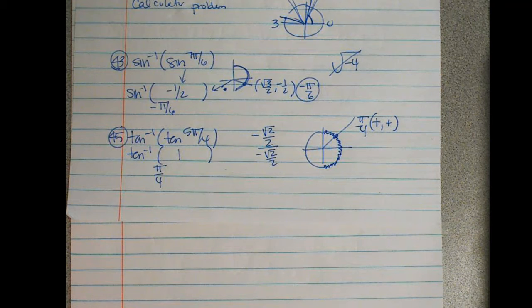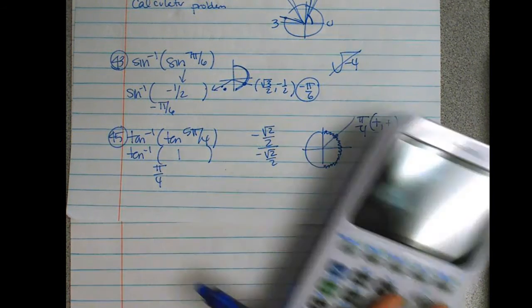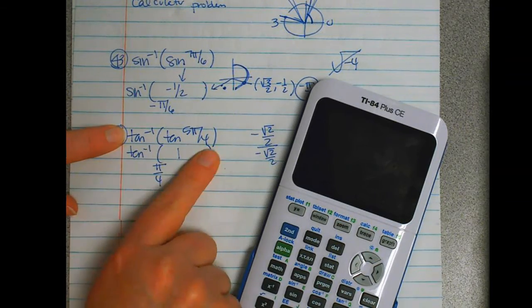So I plugged 45 into a calculator just to check it because I was unsure of my answer, and it came out as an error. Did you do it just like this?